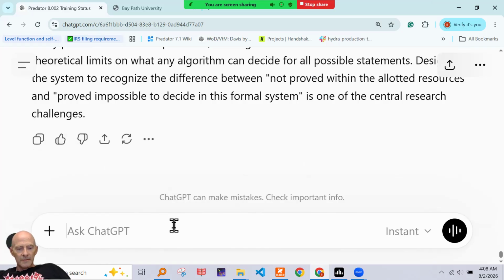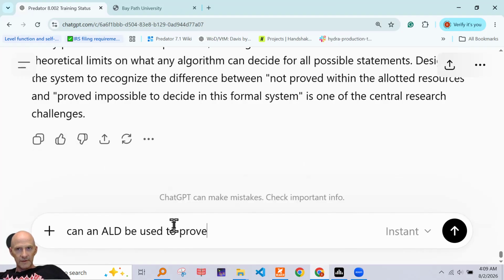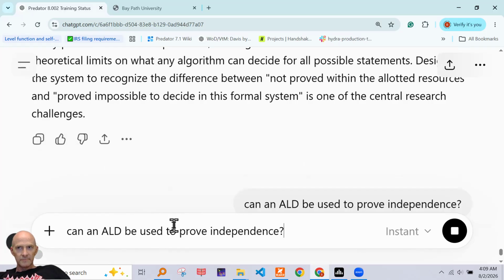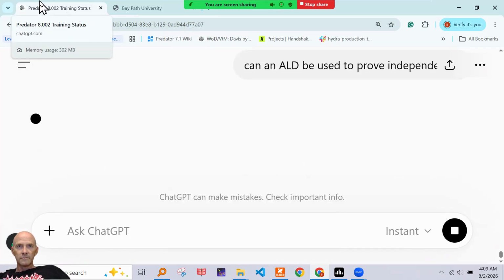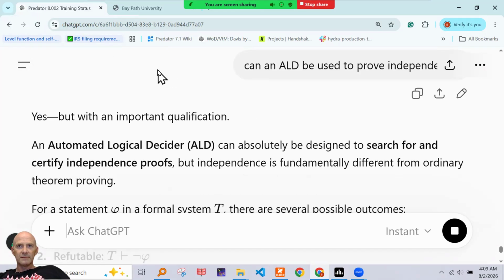Can an automated logic decider be used to prove independence? Yes. See, that's what's cool, the answer is yes. Automated theorem prover?